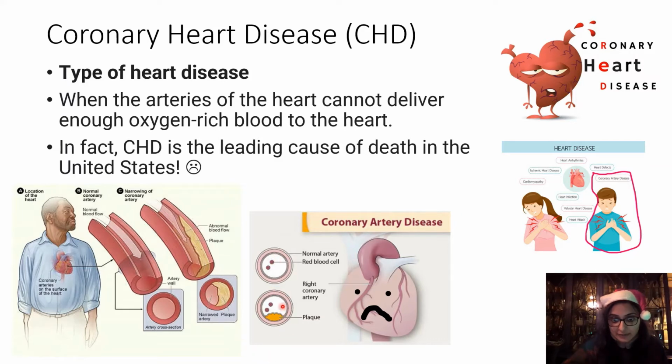In coronary artery disease, there are plaques made of cholesterol and other things, and blood cannot flow through. There's not enough oxygen-rich blood reaching the heart. In fact, CHD is the leading cause of death in the United States. So it is a very sad and serious situation.